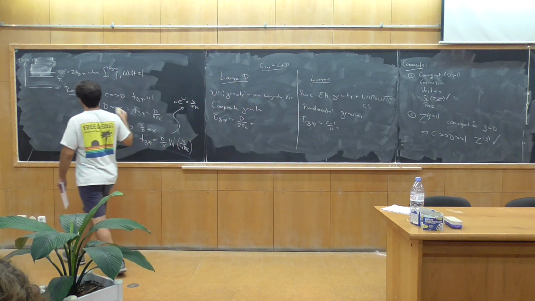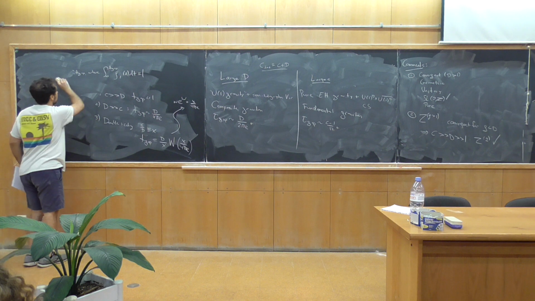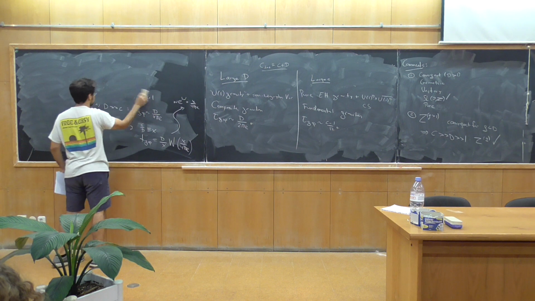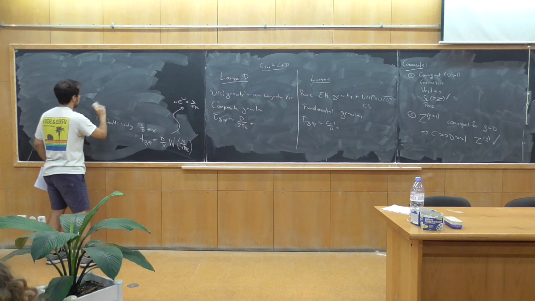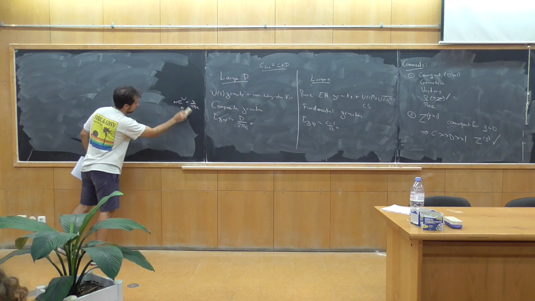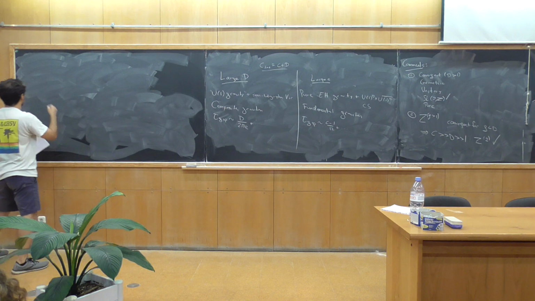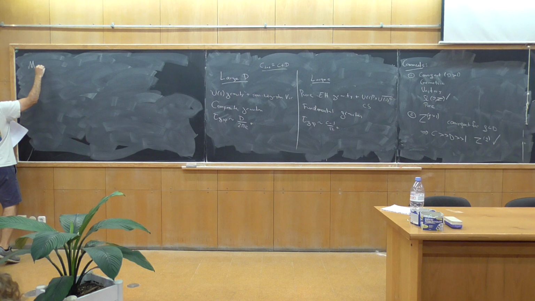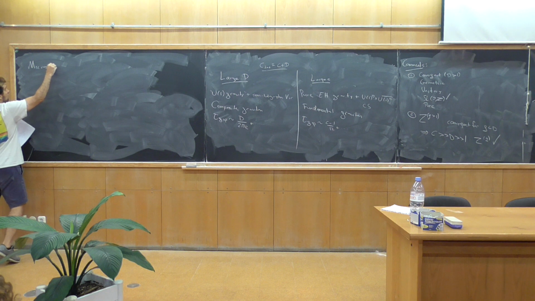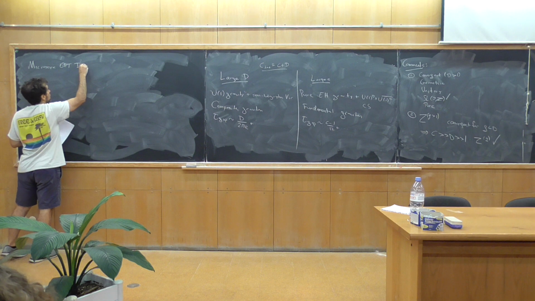Okay, so here we've talked about the effective bulk description of how this partition function should be thought of. That's our proposal. And now we can ask about the microscopic CFT interpretation.